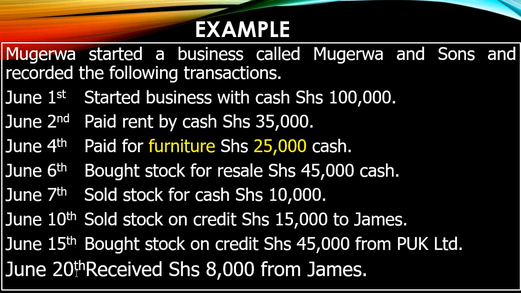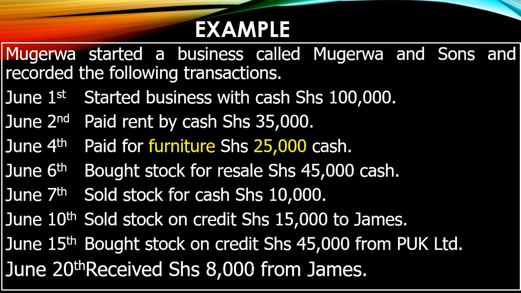Another transaction happened on the 20th, and they received 8,000 from James. You remember we had sold goods on credit to James here, and James is paying. We are going to assume, because the transaction is silent on how we received this money, that it is on cash basis.